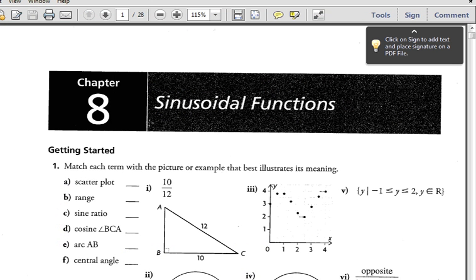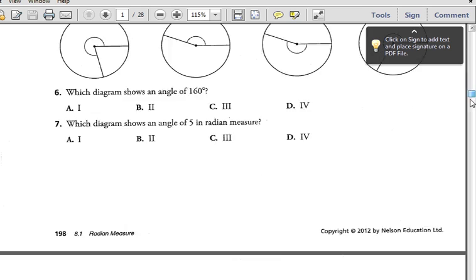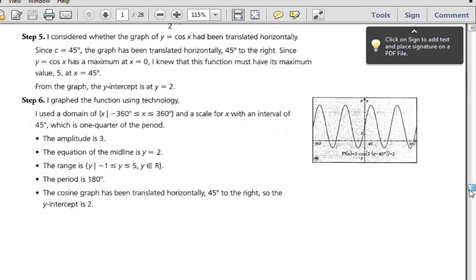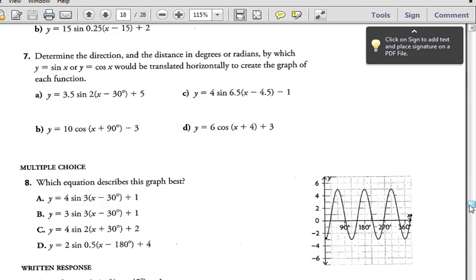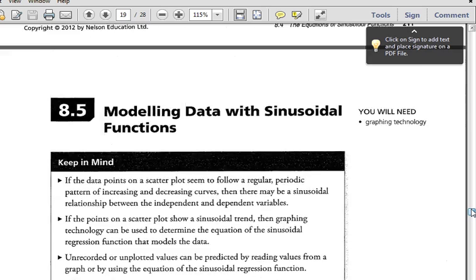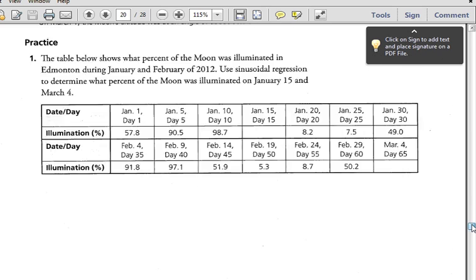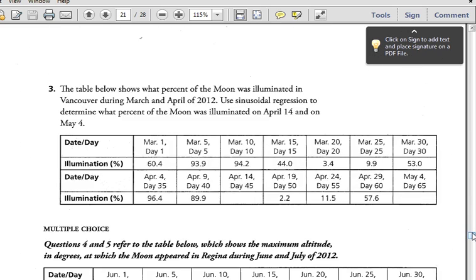Okay, if you can open up your homework. Okay, so on your homework, 1, 2, you can omit number 3. Omit number 3. And omit the written response, which is number what?